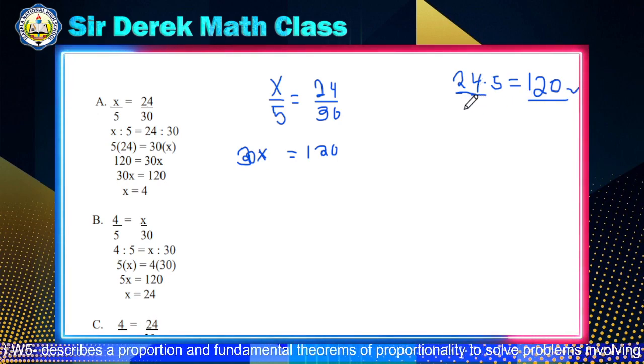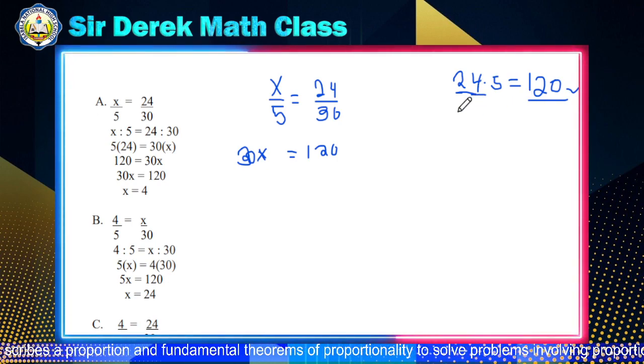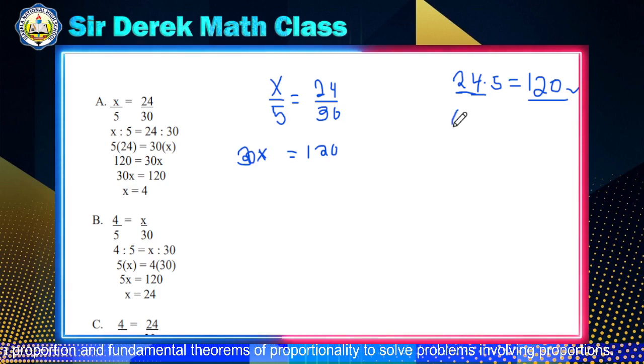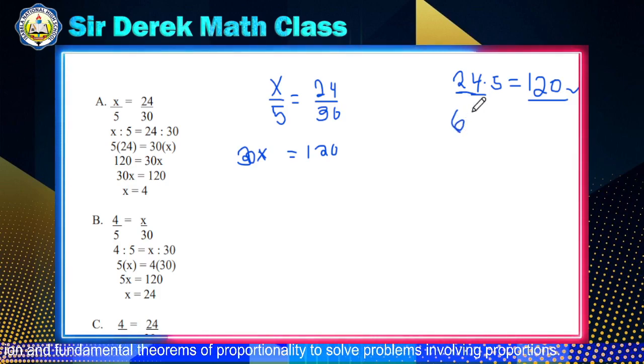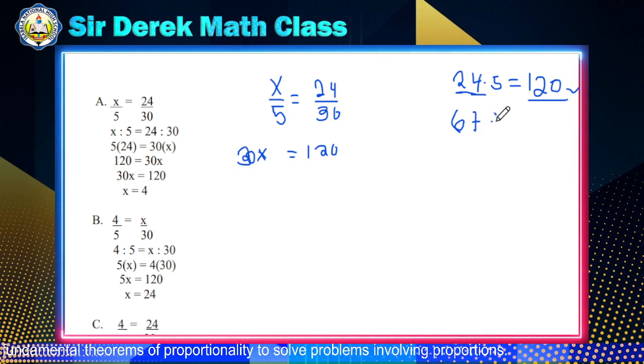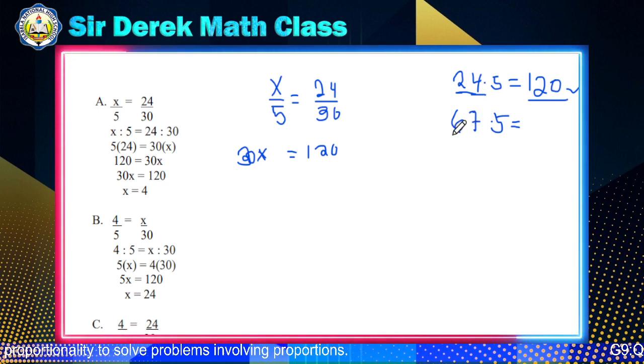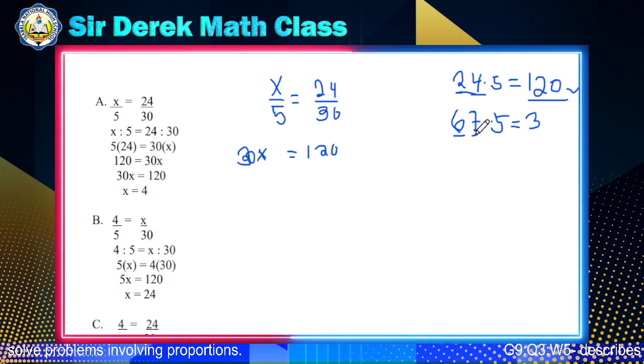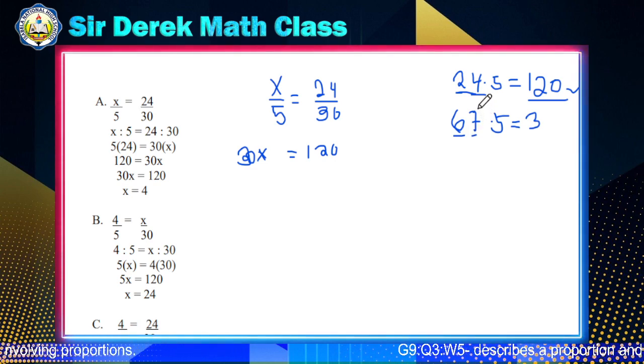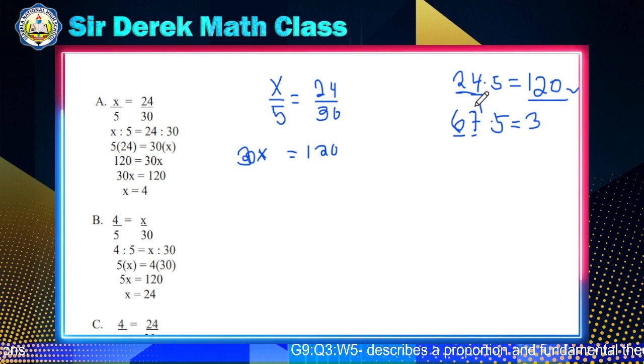Sir, what if the number is an odd number? Then let's give an odd number. Let's say, for example, 67 multiplied by 5. You can still multiply using that principle. Half of 6 is 3.